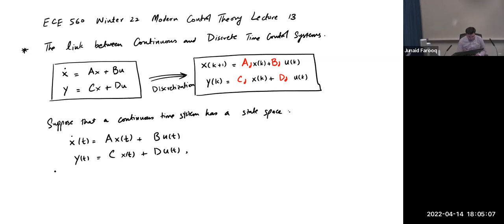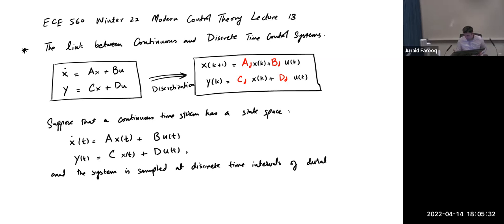So if the system is described as follows and it is sampled at some discrete time intervals of duration capital T, so let's say we have discrete time steps of duration capital T, then a discrete time version of the system will be simply, let me just write it here.